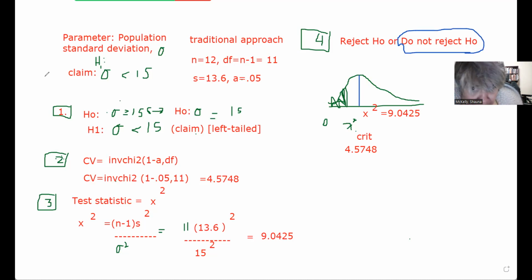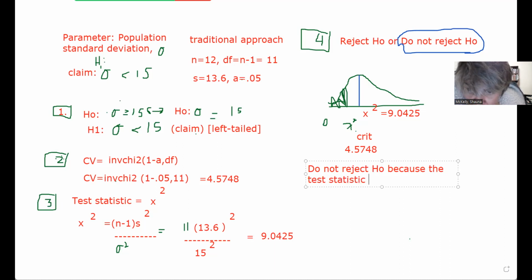And you write a justification. You say something like, do not reject H0 because the test statistic does not fall in the critical region.